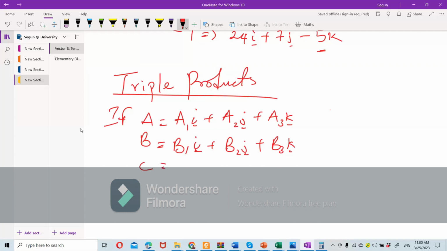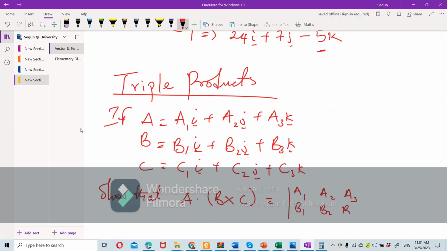Then C is C1 i plus C2 j plus C3 k. The question says, show that A dot B cross C is equal to the determinant with rows A1, A2, A3; B1, B2, B3; C1, C2, C3.